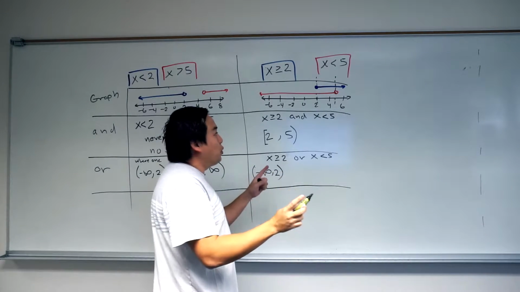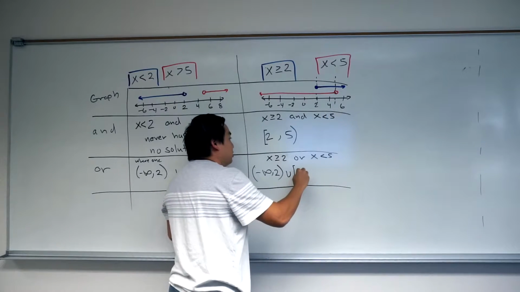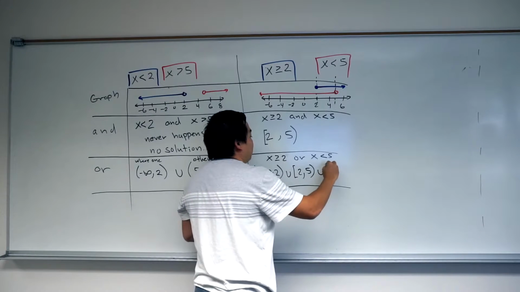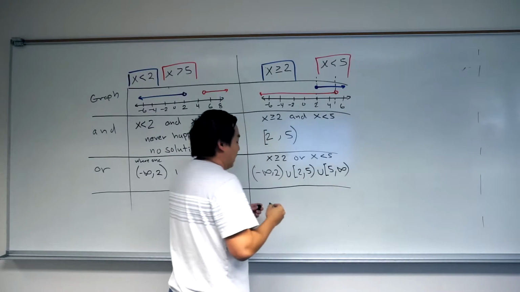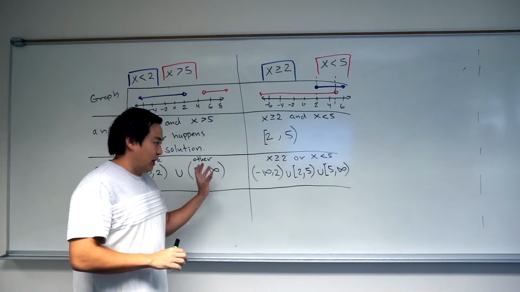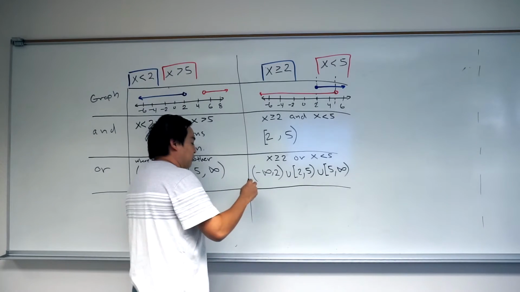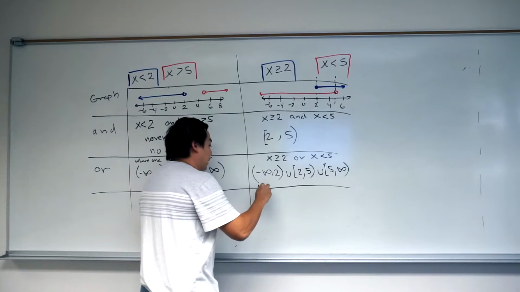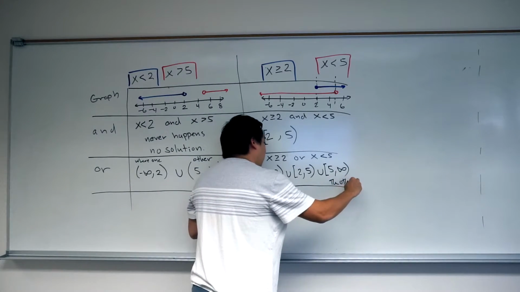The part where both happen is right in the middle, which is 2 to 5. And then the part where the other one happens is from 5 to infinity. Now I write this out not because you actually need to do this, but so everyone can see that this still follows that same wording that we use for "or." This is one, the other, or both.